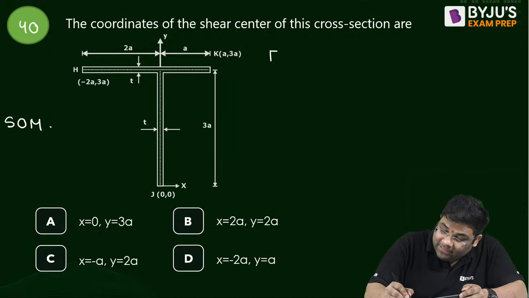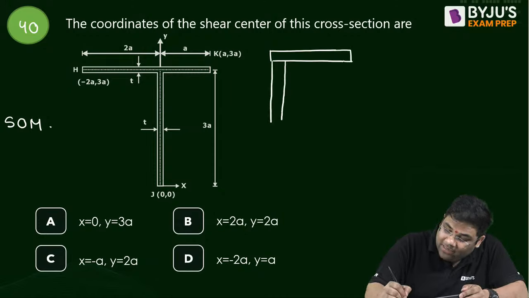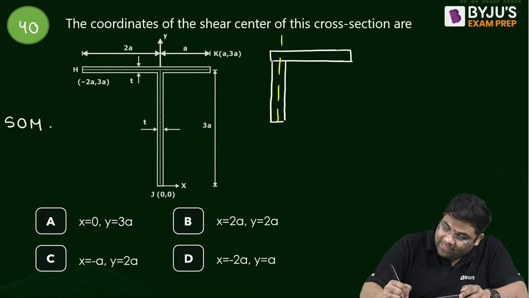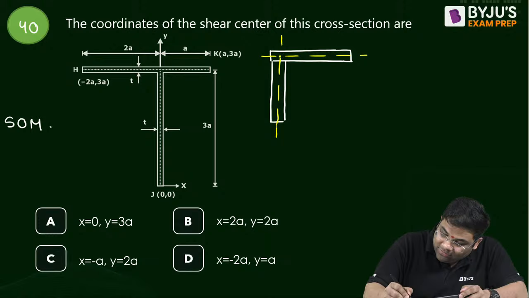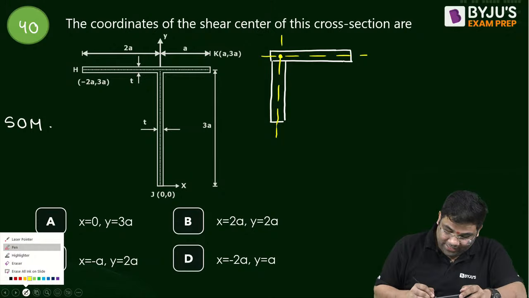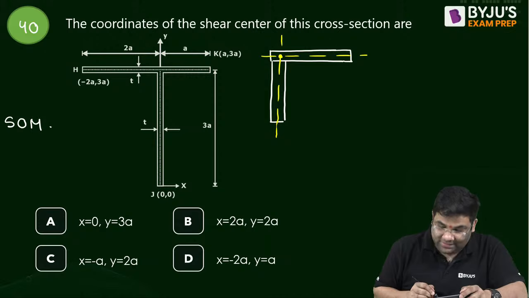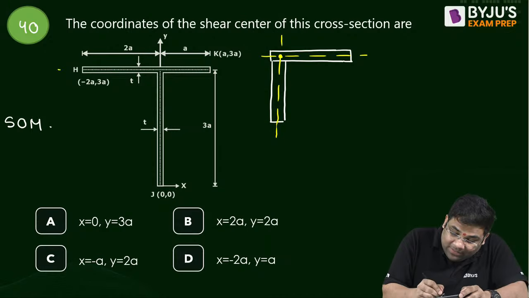Whenever rectangular areas are given, like suppose this is an L, the shear center always lies at the intersection point of the center lines. So this will be the shear center. Now here, what is the intersection point of the center lines of the rectangles?